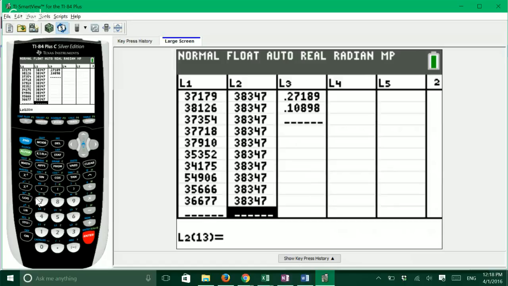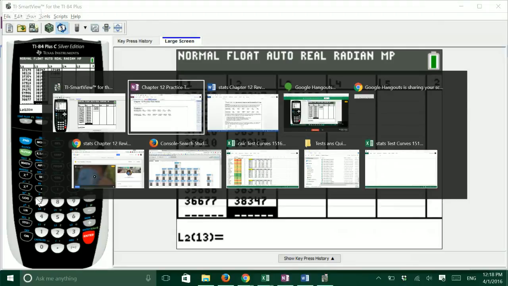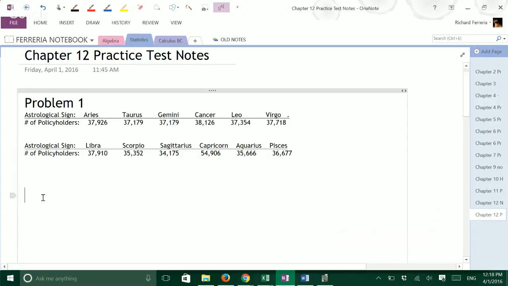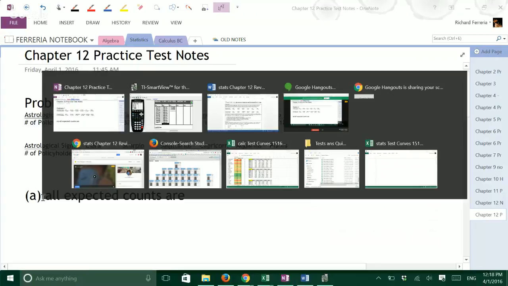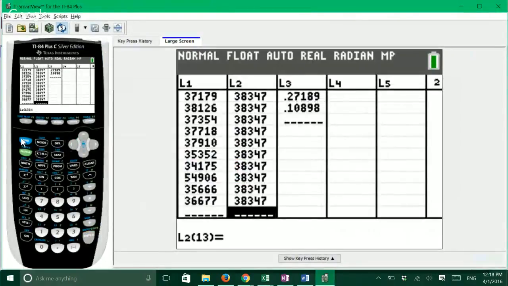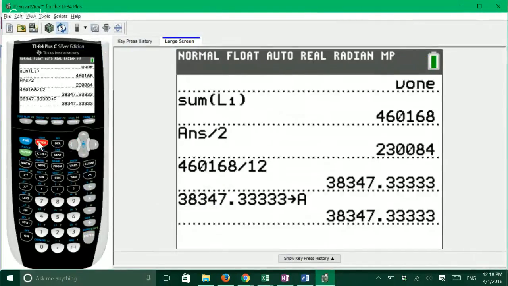Okay, so what are we supposed to say? What do they expect? Enter in the expected counts. I think we're just going to say for part A, all the expected counts are 38,347.